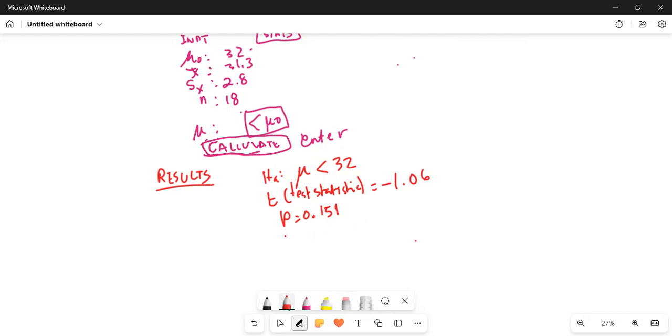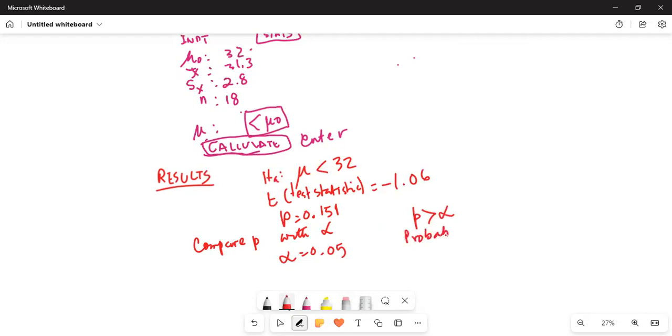Compare this with my alpha. Compare the P value, P, with alpha. Alpha is 0.05. So P is greater than alpha. What is P?